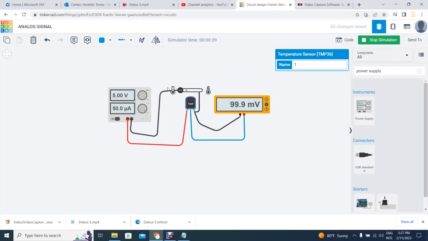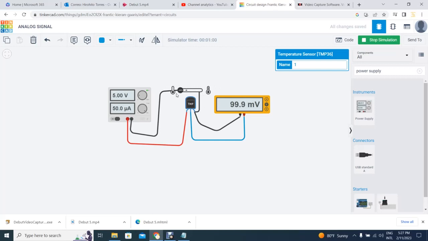But the important thing is that if the temperature changes, this guy is producing millivolts, which is within the range of the Arduino. The Arduino wants something between 0 to 5 volts, and this is perfect because it's right between 0 and 5. This is called TMP36. Again, this is perfect. That's all we want to know.